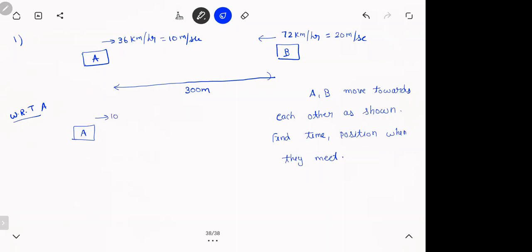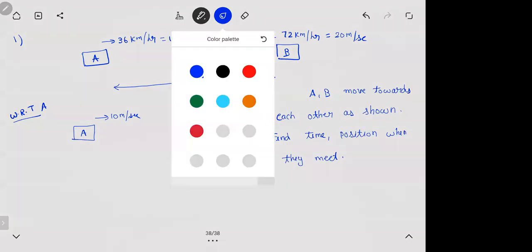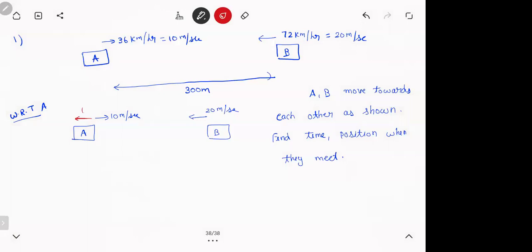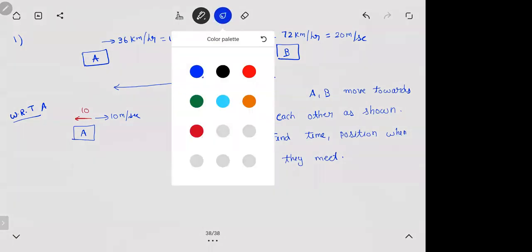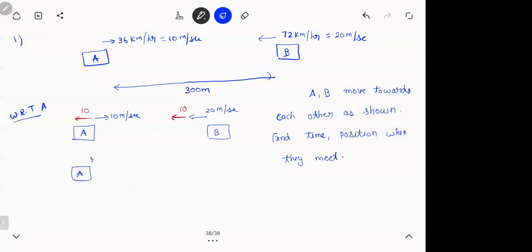So this is 10 meters per second. B is 20 meters per second. So since you're doing it with respect to A, what should you do? Subtract 10. Then what will happen? A will come to rest. And B will move with 30.